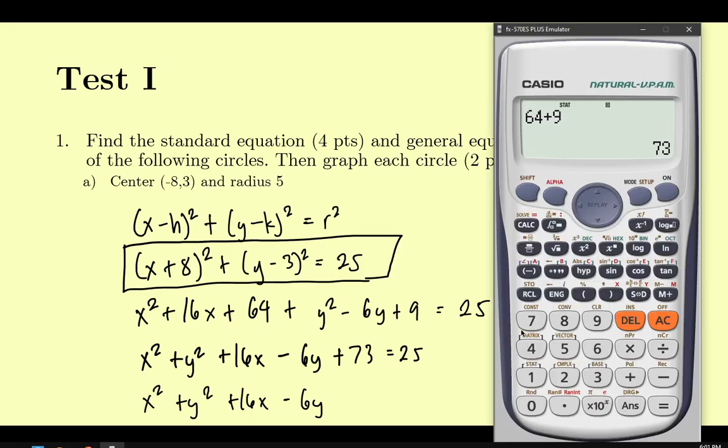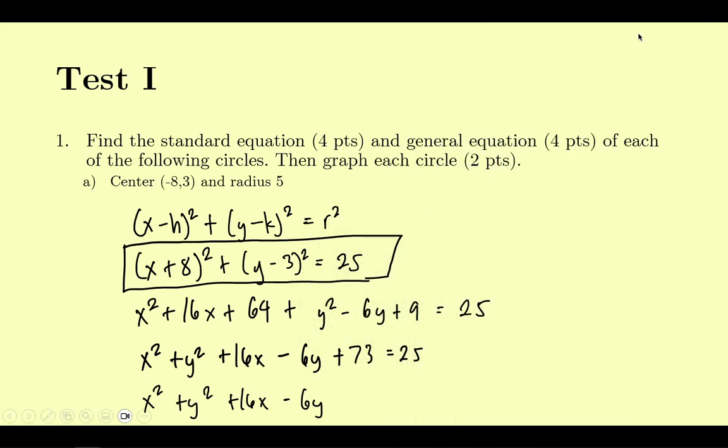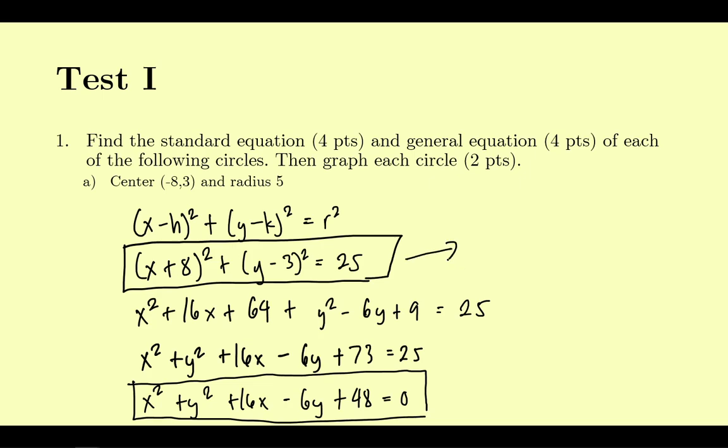And then 73 minus 25 is equal to 48. So that's equal to plus 48 is equal to 0. And that will be your general form. You can use the standard form of the equation to form the graph. Okay. Alam niyo na yung process ng graphing naman. Next item.